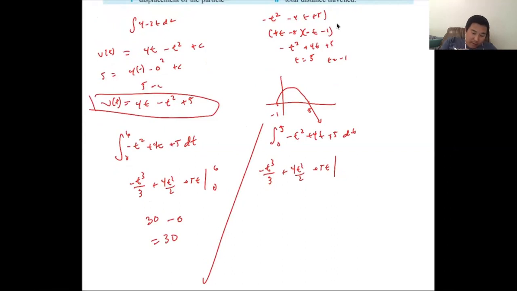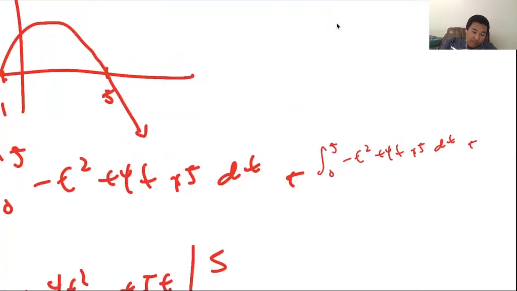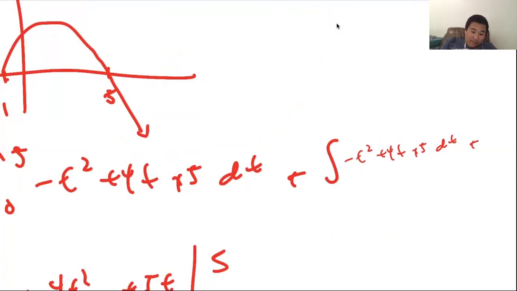And then this is from 0 to 5, plus the integral from, normally you should do from 5 to 6, but because it's negative, I'm going to do from 6 to 5.